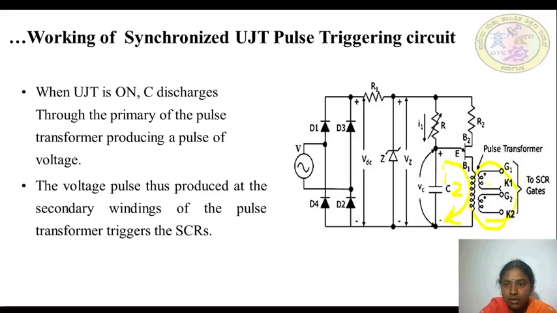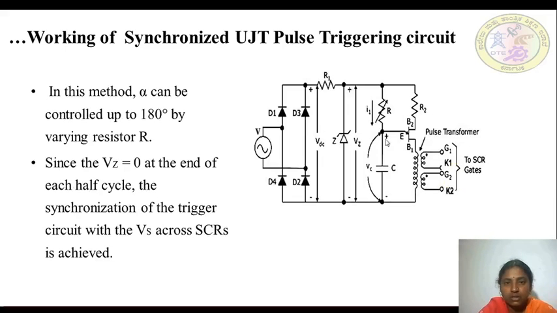Since the number of secondary windings of the pulse transformer is more than 1, two SCRs can be turned on. With this type of triggering method we can control alpha from 0 to 180 degrees, by varying the resistor R.